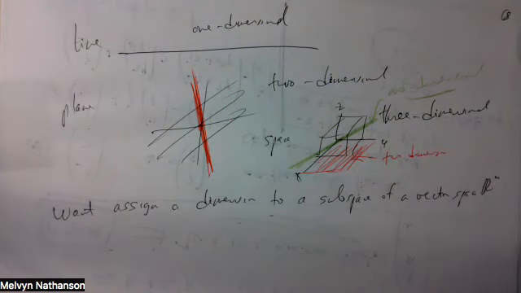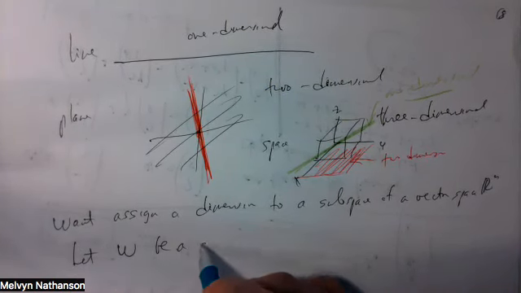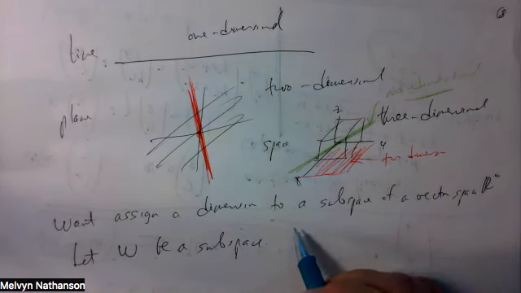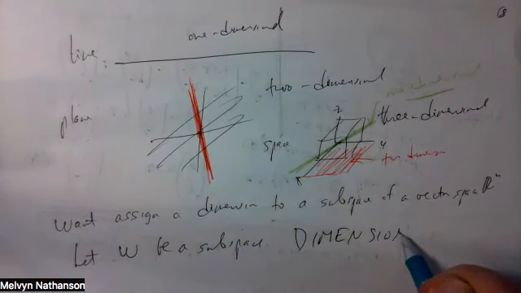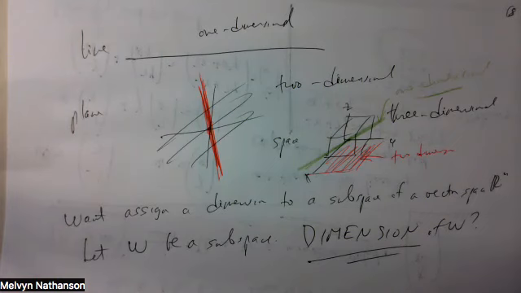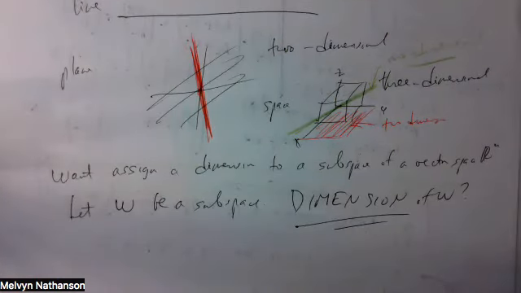So the question is, how do we assign a dimension? Let W be a subspace. What is its dimension? It would be an interesting and useful thing to be able to say that a subspace is one-dimensional, two-dimensional, or 100-dimensional.